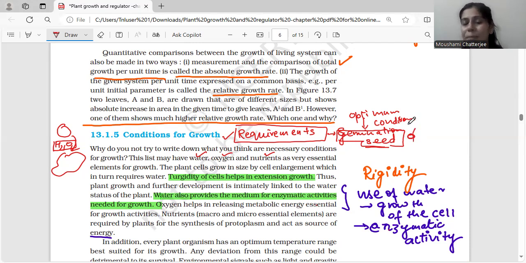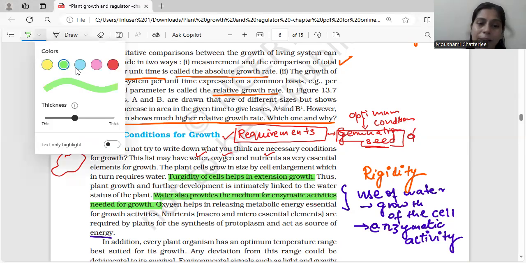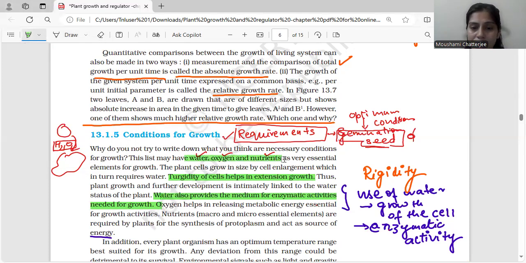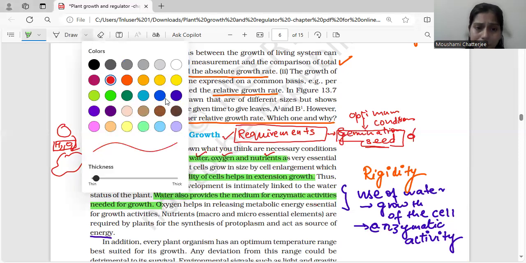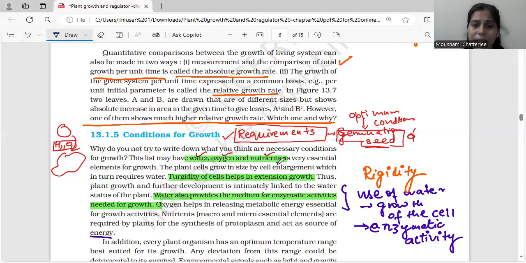So what is an optimum condition? It is the necessary condition required for the seed to grow or required for the plants to grow. Now, what are the things which are required by the plants? The plants may require water, oxygen, nutrients. All right. These are very, very useful and essential elements for the growth, you can say.